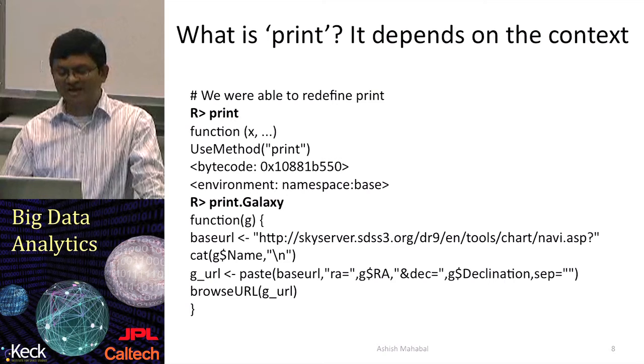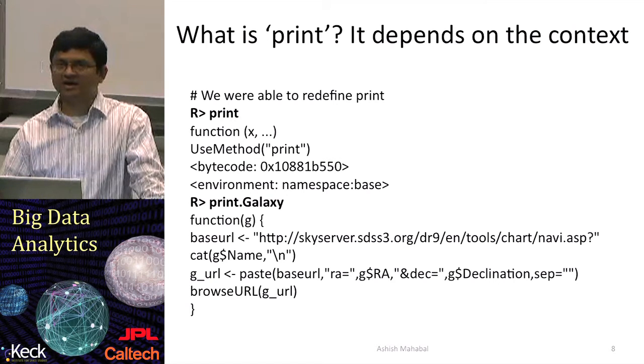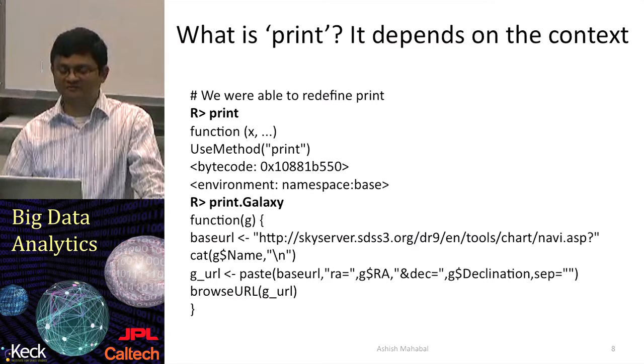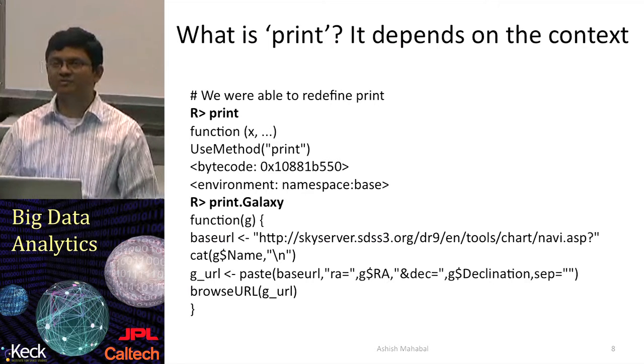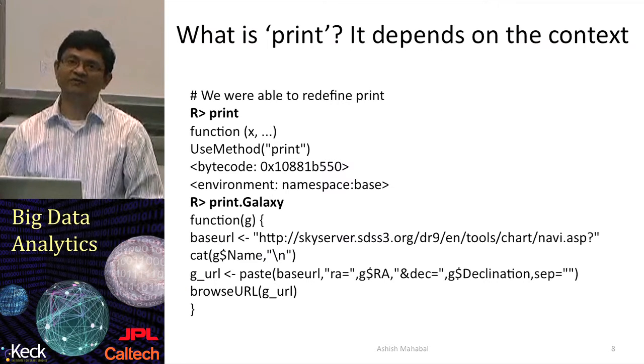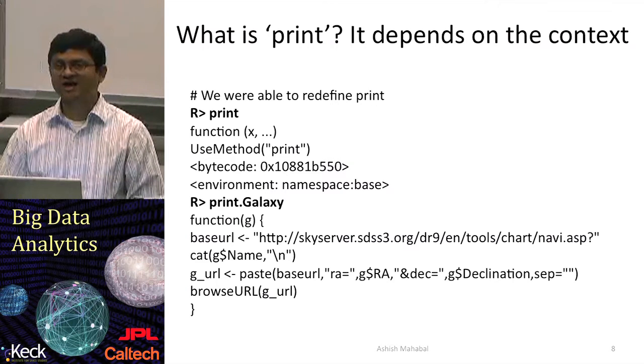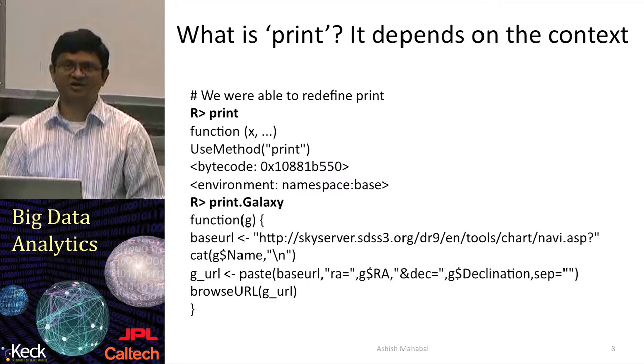And so when you say print.galaxy without any arguments just by itself, it tells you how that particular function is defined. That is another very useful thing in R. If there is a function and if you simply give the function name, it provides for you the body of the function. So you can take a look at any function that R is using at any time just by typing the name of that function.